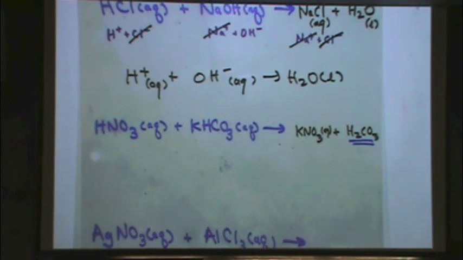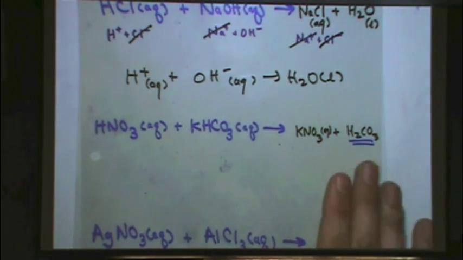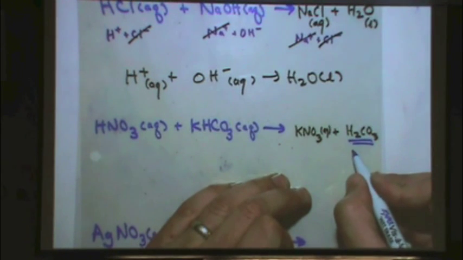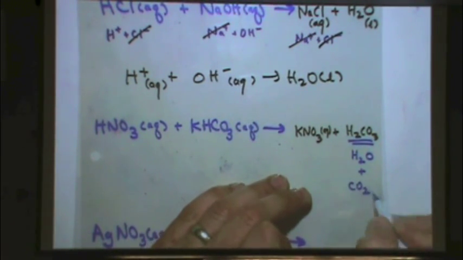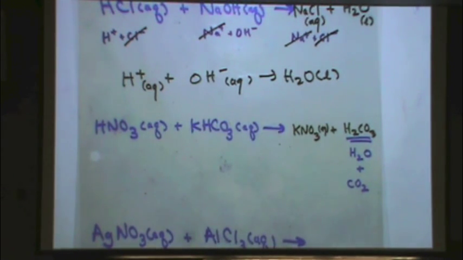And this is something you'd have to remember. It forms H2O and CO2 immediately. It's really at equilibrium, but this is the favored side of the equilibrium. So you need to remember that. If you see carbonic acid, it forms CO2 and H2O.